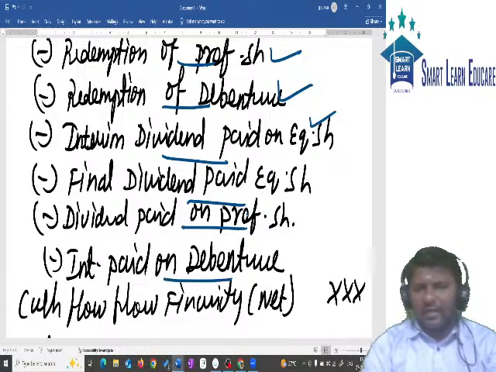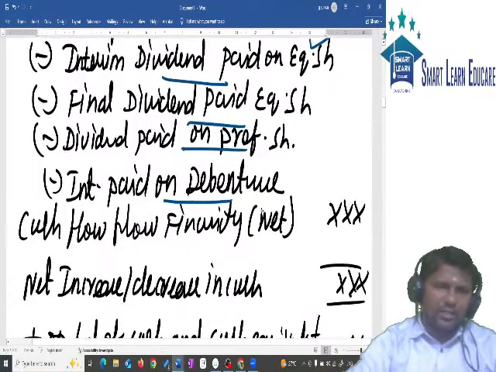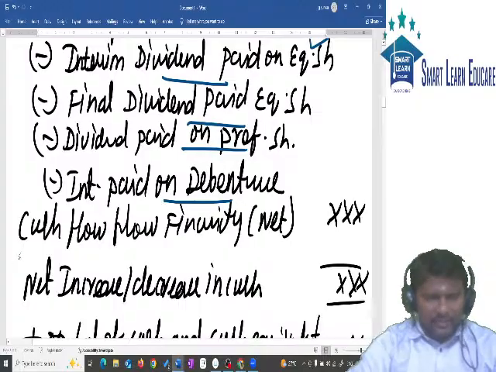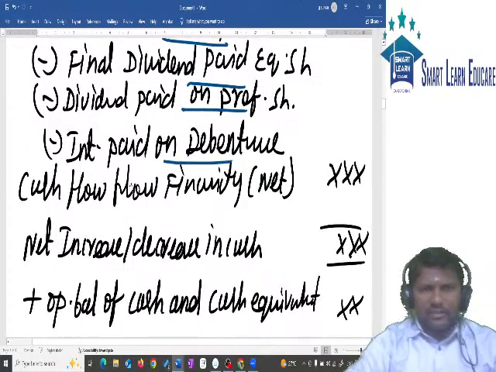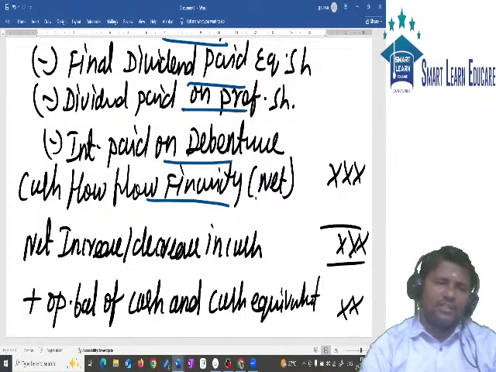Okay, then interest paid on debentures also should be subtracted. Purchase of goodwill also to be taken at investing activity. Then cash flow from this will give you what activity? Cash flow from financing activity.